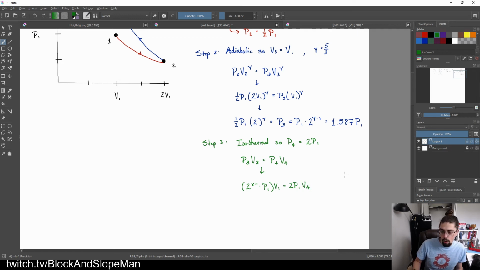And we're trying to figure out where this thing falls on the x-axis. I'm going to take my same trick as last time, actually. First, I'm going to cancel out the P1s. And then I'm just dividing by another 2. So this is going to turn into V1 times 2 to the gamma minus 2 is equal to V4. Which, if I plug that number in, should be something like 0.794 times V1.